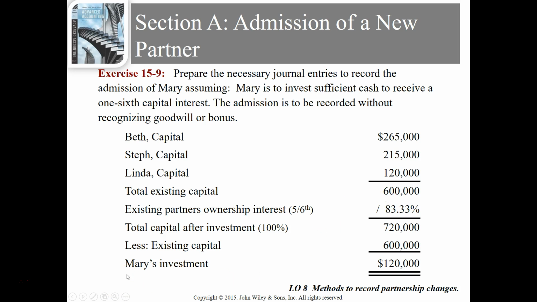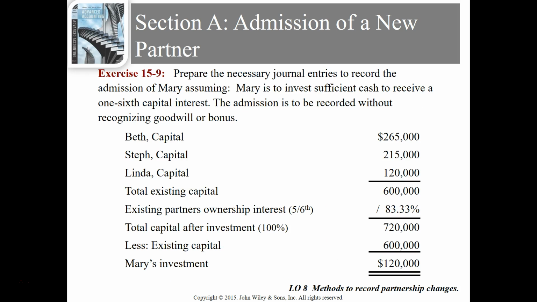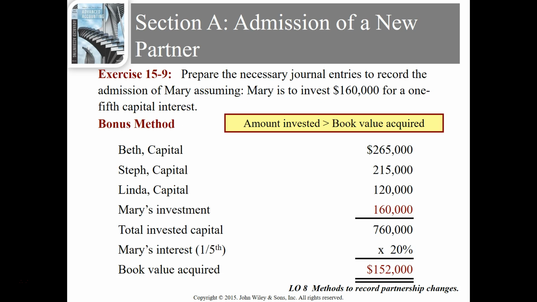Therefore, for Mary to invest with a 1/6 interest, she'd have to cut us a check of $120,000, which would be no bonus method, no goodwill method. It would be that the fair value is equal to the book value, which we discussed in the prior slide. Assuming we were doing a debit and credit, we would debit cash of $120 and credit Mary capital of $120.